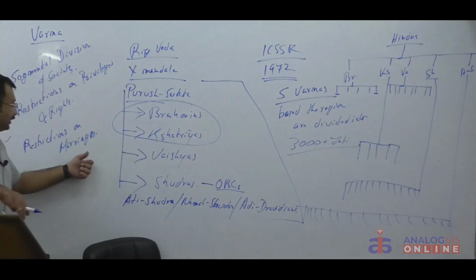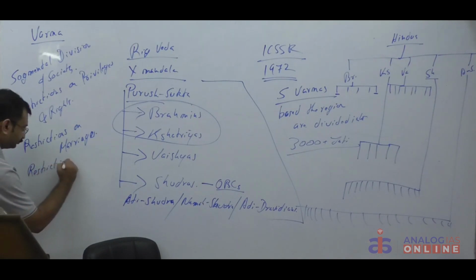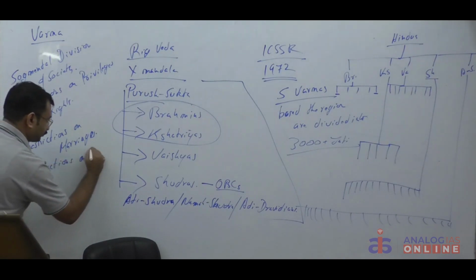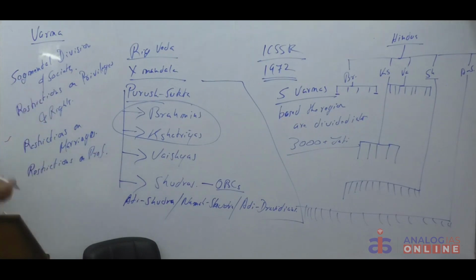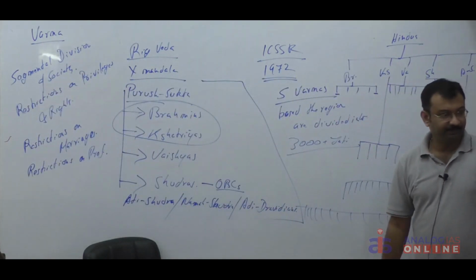Now, let's look at this point. Restrictions on marriages. Similarly, restrictions on professions. Which profession, which particular section they are going to adopt. Right?